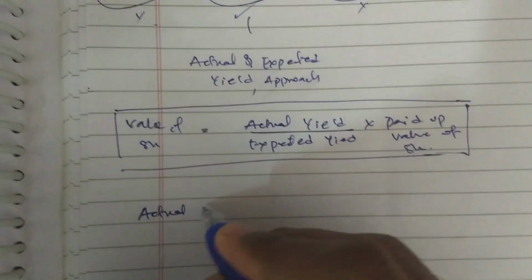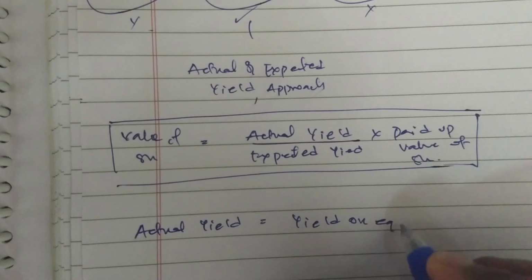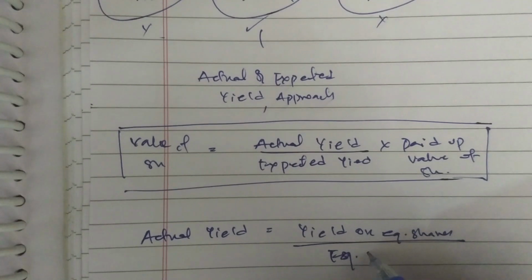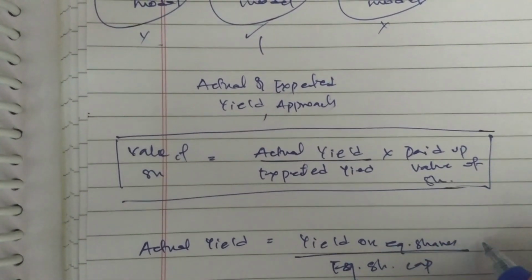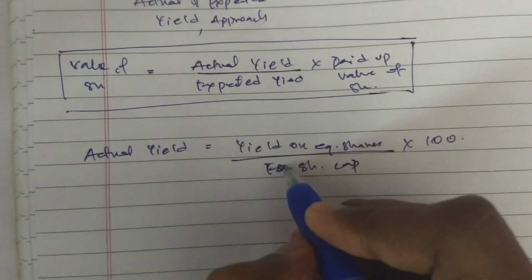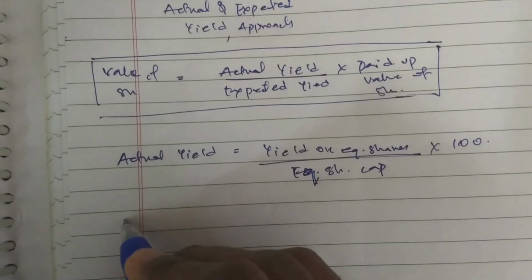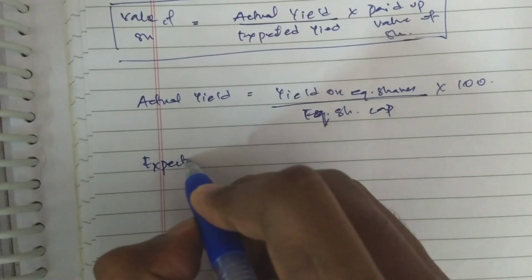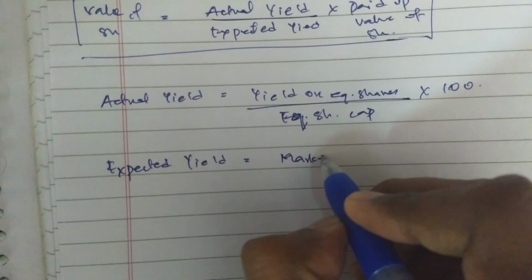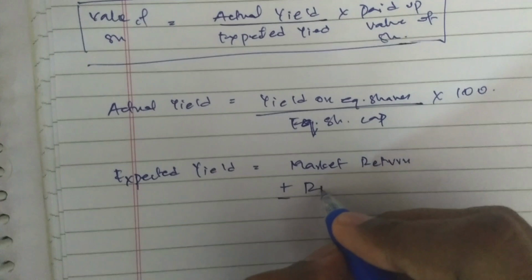Actual yield is equal to the yield on equity shares divided by the equity share capital into 100. So what is the yield on equity shares? Now wait, before that we'll just tell what are the other formulas. Expected yield is the market return plus or minus your risk premium.